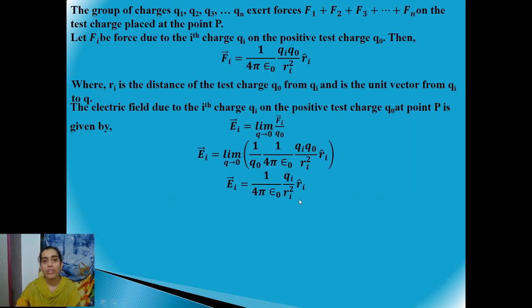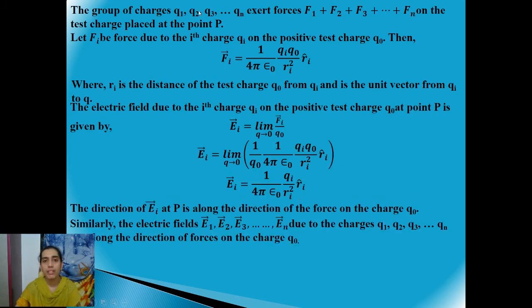For that, first we considered that all the charges q1 to qn will be exerting forces f1 plus f2 plus so on up to fn on the point P. Among those many charges, we chose one charge called qi, the ith charge, and the force due to that ith charge can be given by Coulomb's law. That expression I have written here.